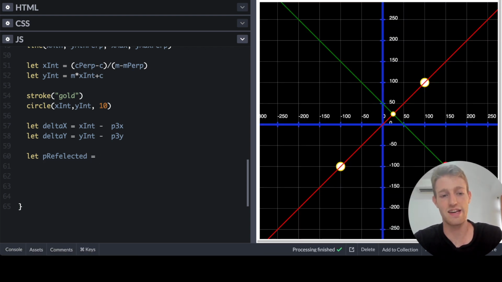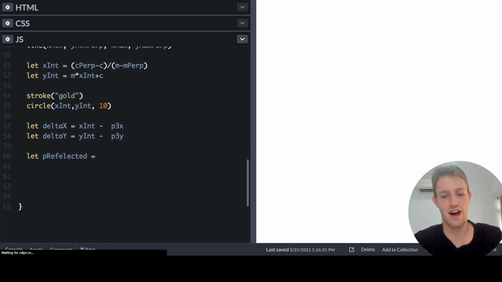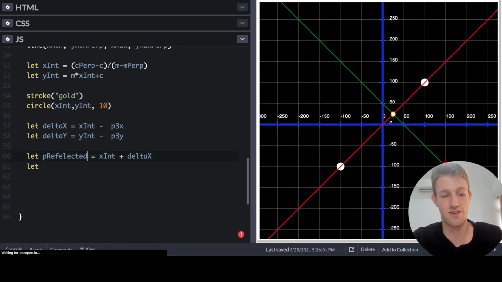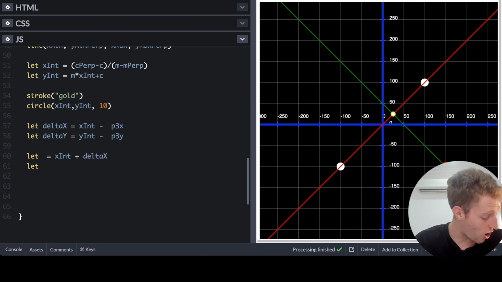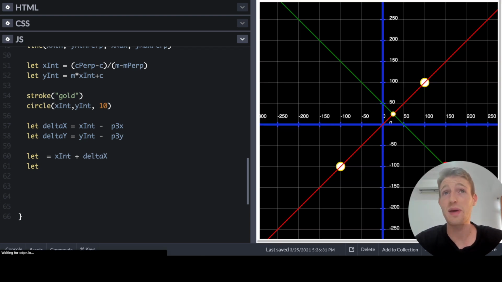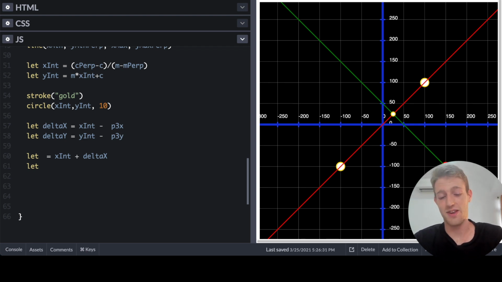Then that is going to be our x-intercept plus delta x. Naming things in programming is like the hardest thing. P dash, p new, oh my goodness.